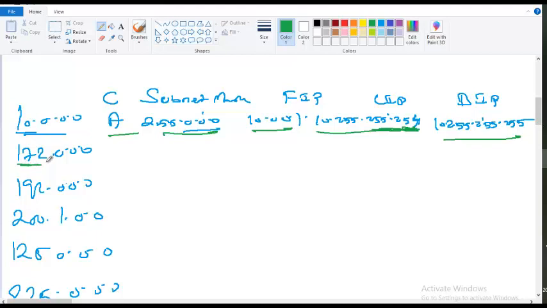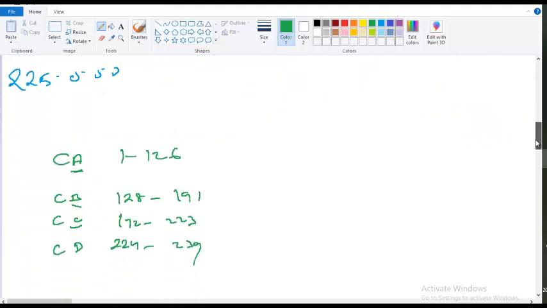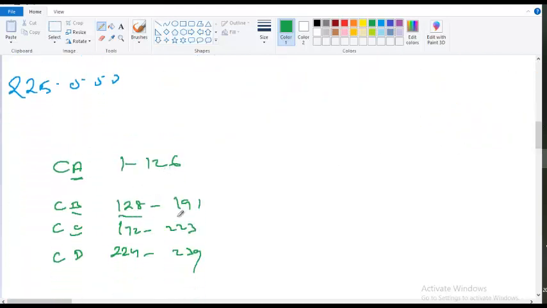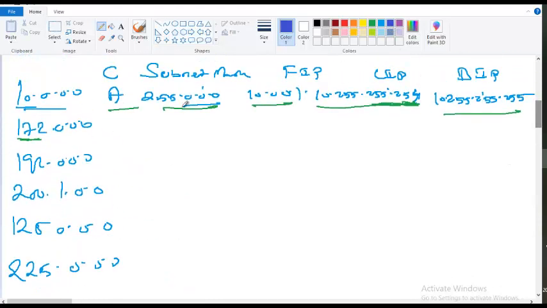Now let's go back. This is 172. This 172 is between these two numbers, which means class B. And the mask is 255.255.0.0, because in class B 2 octets are given for network. This is the network portion and this is given for the host.